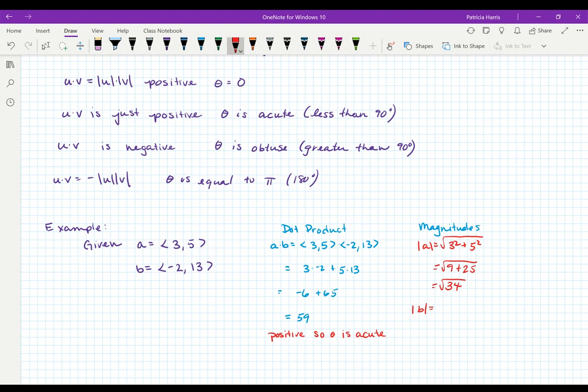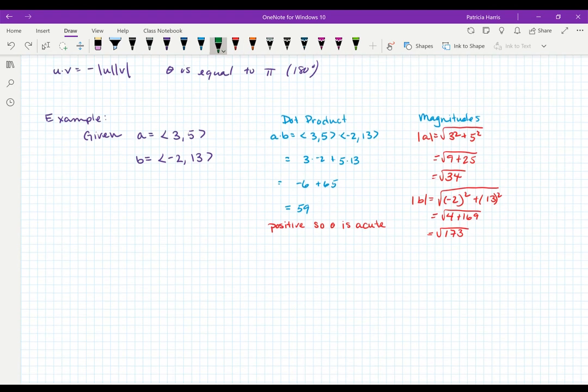So it's going to be less than 90, but not 0. Okay, so if I were to multiply this magnitude by this magnitude, I'm not going to get positive 59.